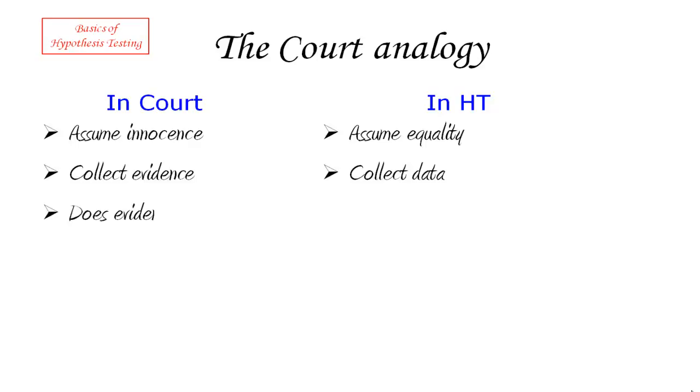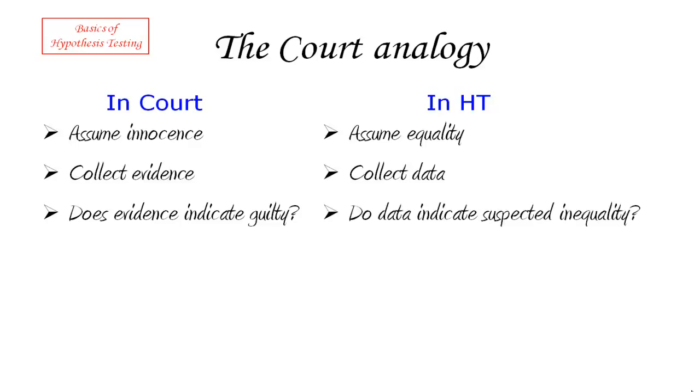In the court system, the courts ask the question, does the evidence indicate guilt? Does the evidence convince everyone that in fact the person is not innocent but is in fact guilty? In the same way, in hypothesis testing, we say, do the data indicate that in fact there is the inequality that we suspect?